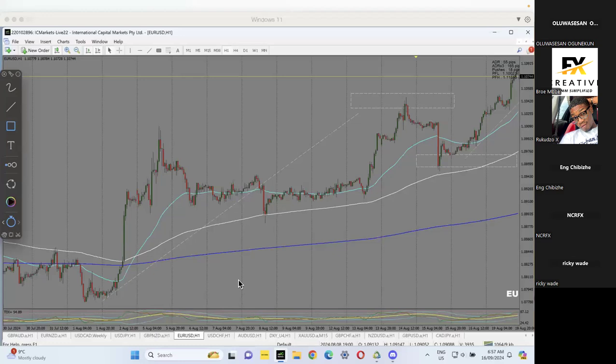So you will expect the market to go peak, level one, level two, and most probably you have, let me try and change my pen color, the 200 EMA moving here, and then it touches that. All right.